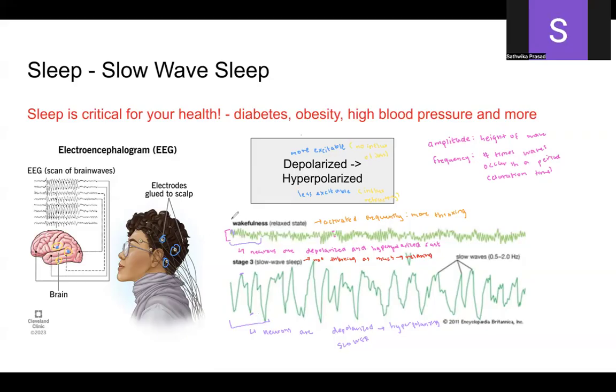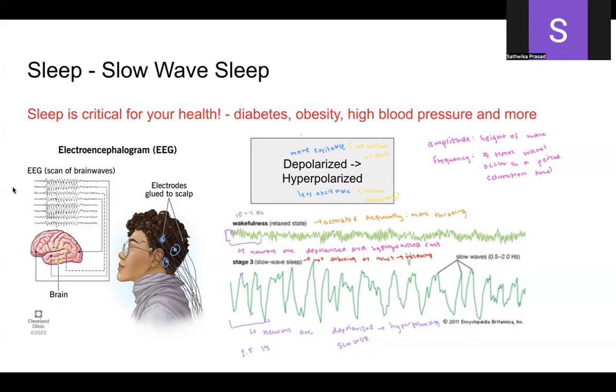So the frequency of brain waves here is almost 10 to 11 hertz, which is basically waves per second, right? That's what hertz means. Whereas here it's 2.5 hertz, right? So 2.5 waves per second, which is really interesting because what that tells us is that slow wave sleep has a much larger amplitude and a much smaller frequency.